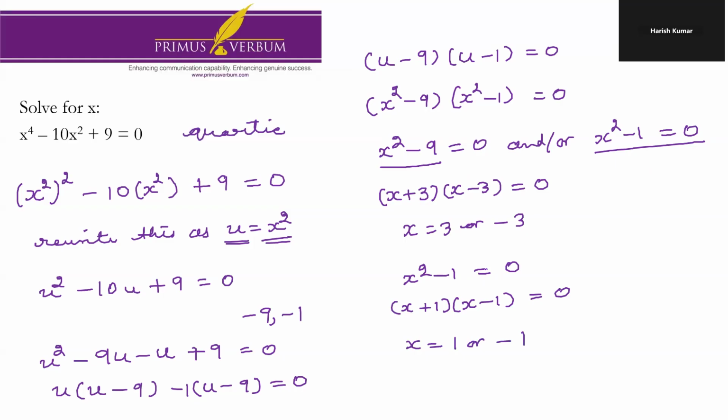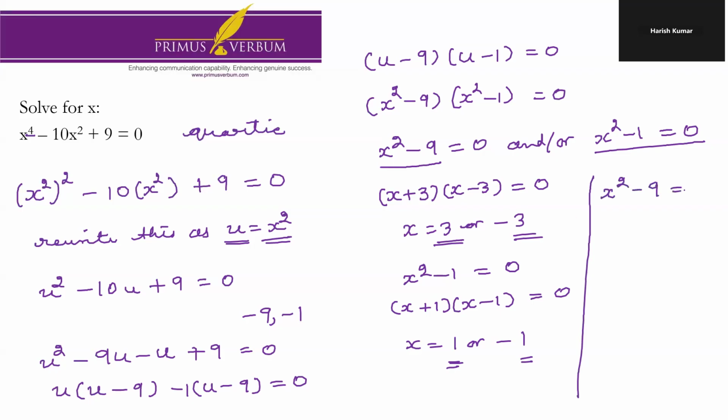So there are 4 answers because the highest power in the variable is 4. So a quartic equation will have 4 roots, just as a quadratic equation has 2 roots, and a cubic equation has 3 roots. Of course, instead of using the product of differences, there are simpler methods.